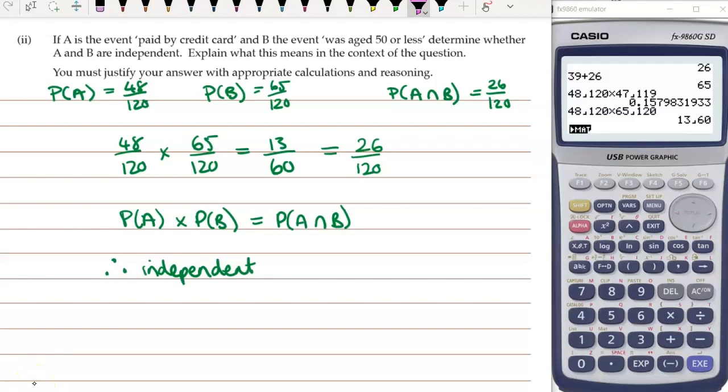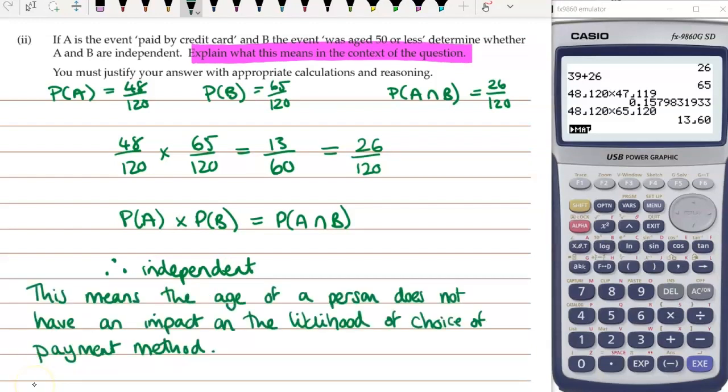Now, one final part, always make sure we've answered the question. Explain what that means in the context of this question. And that is that a person's age, so the category of age they were put in, does not have an impact on the likelihood of the way that they choose to pay.